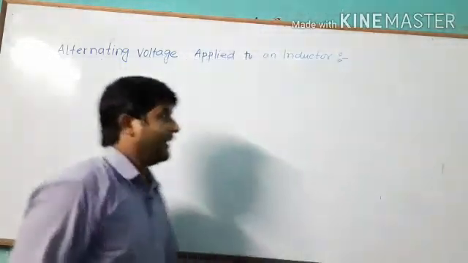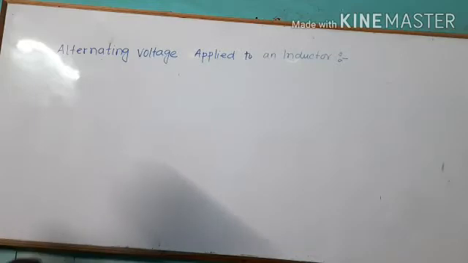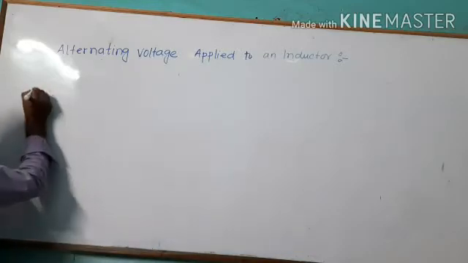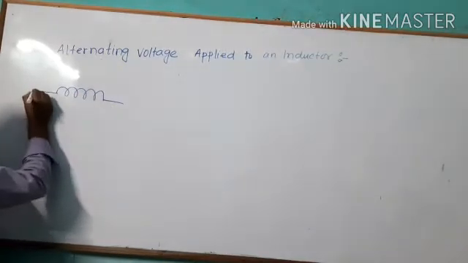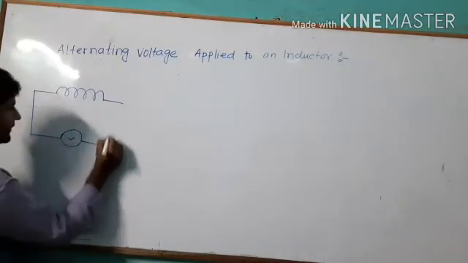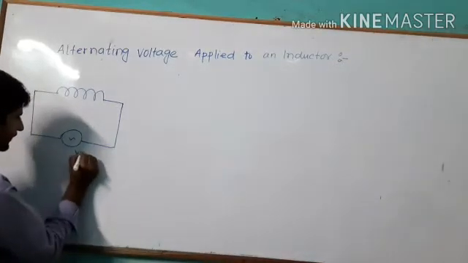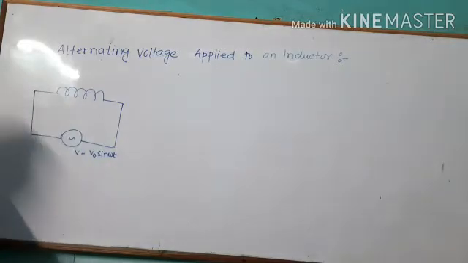Now, what is the effect of alternating voltage when it is connected to an inductor? Suppose there is an inductor of inductance L, and AC voltage V equal to V0 sine omega t is connected with this inductor.